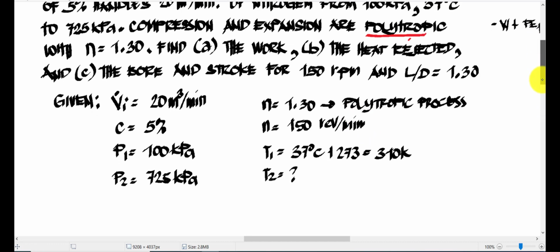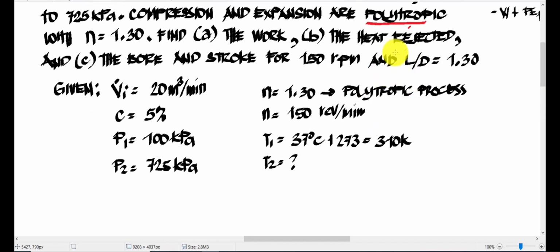Then we are also given the ratio of length of the stroke divided by the diameter or bore of the cylinder, which is equal to 1.30, almost the same as the value of your n.